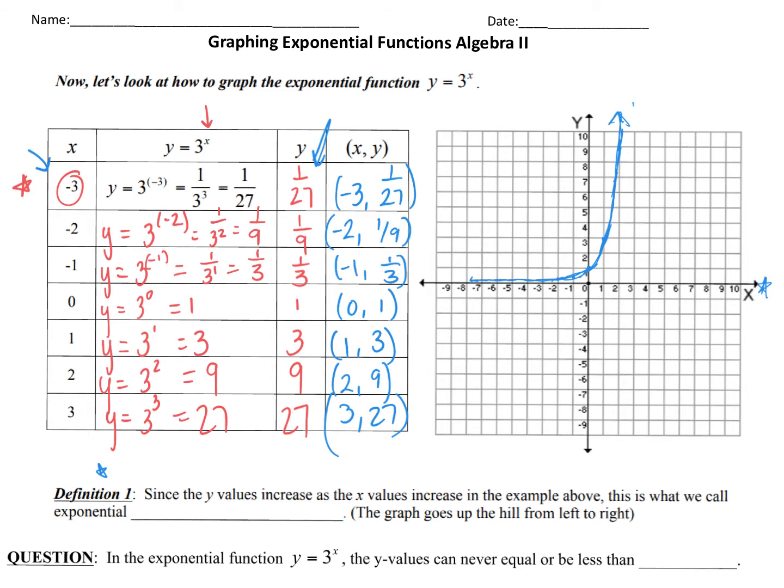So both the y values and the x values increased. When the y values increase like this, it is called exponential growth, because the graph is going up from left to right. We read a graph from left to right just as we read a book. So whatever the graph is doing, in this case going upwards, we have exponential growth.